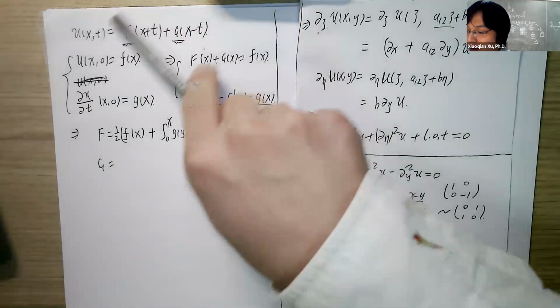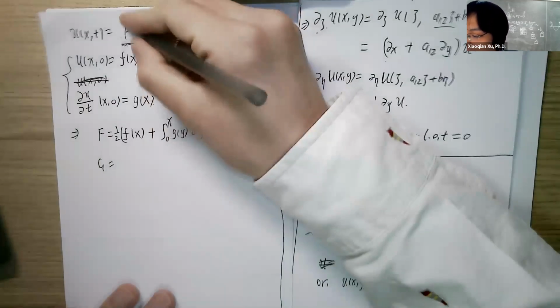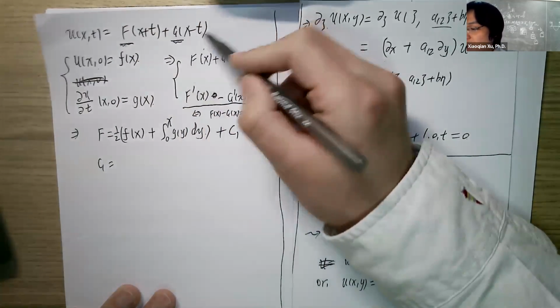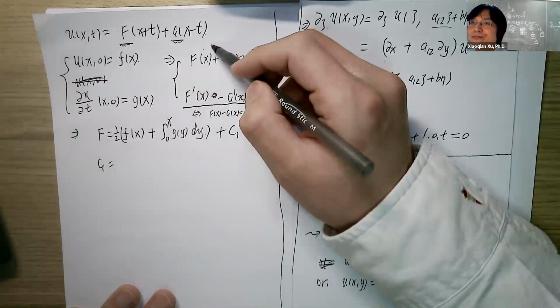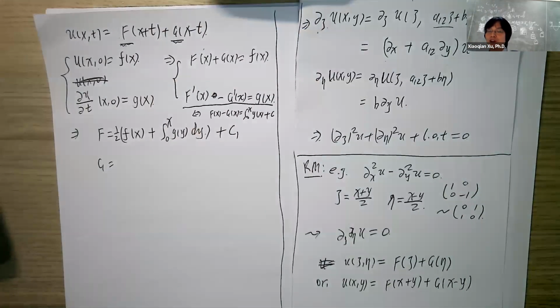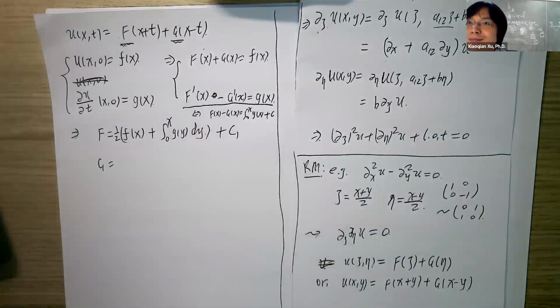So if you take this whole thing in terms of t, it's just this function's derivative minus this function's derivative by the chain rule. And since they are single variable functions, the derivative is just a derivative, with respect to the single variable of these functions.